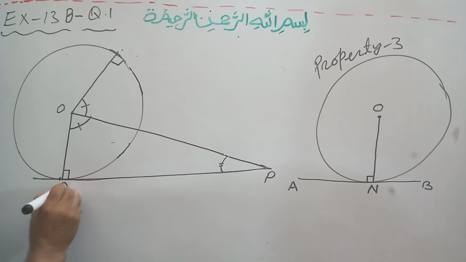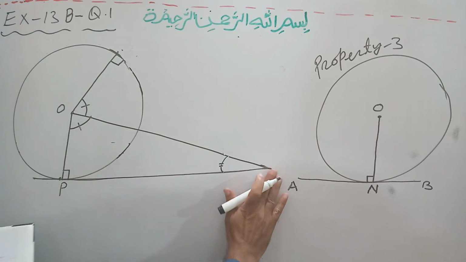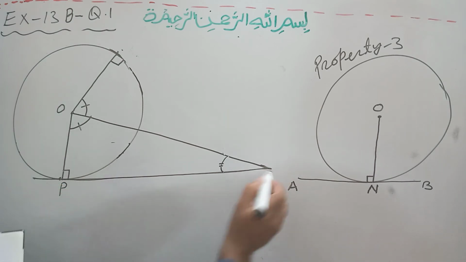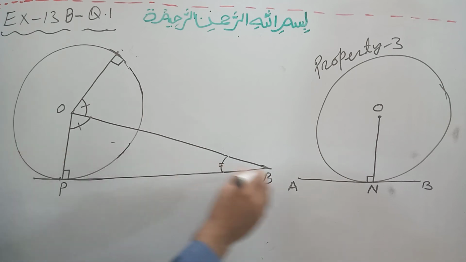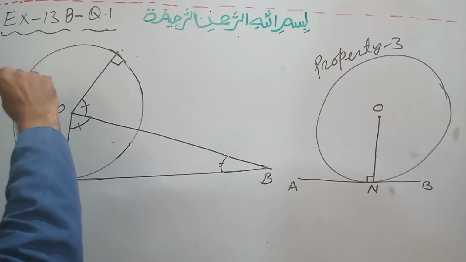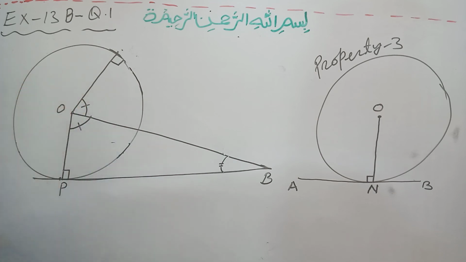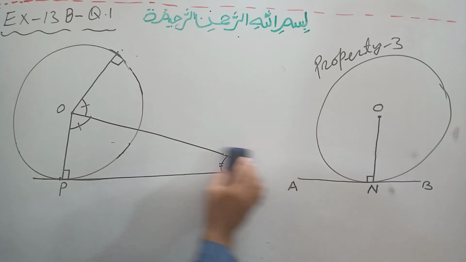This is the point P, and this is the point B, a line tangent to the circle, and a line which passes through the center of the circle. We need to draw the figure.